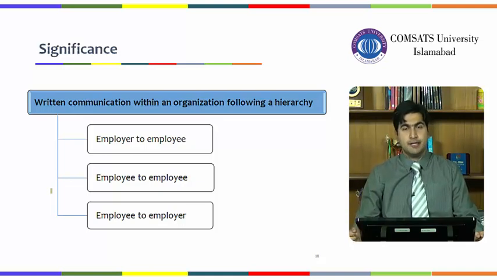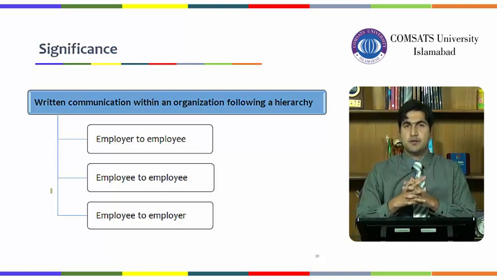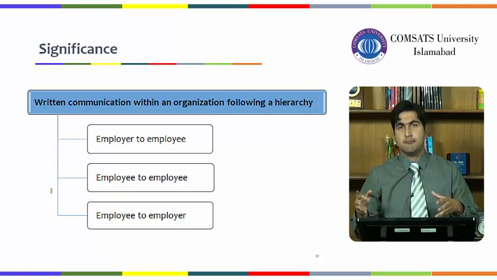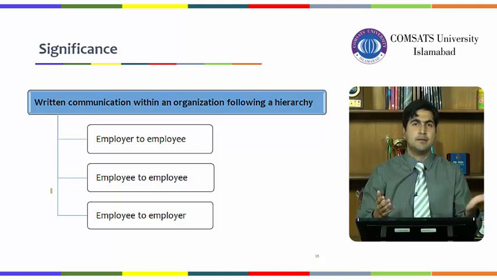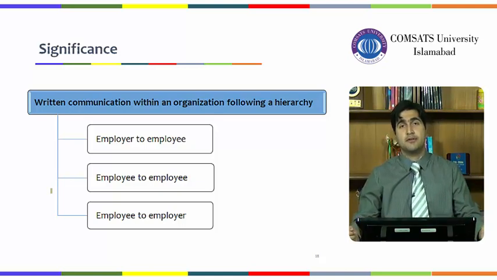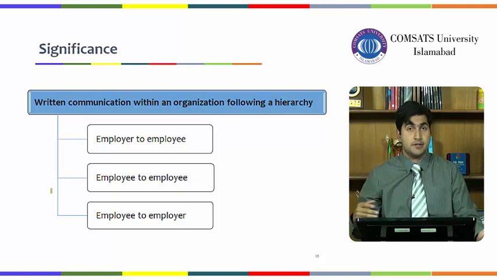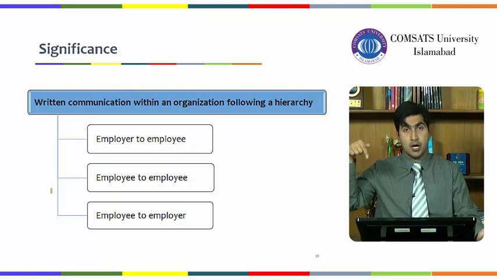As I told you, in most professional environments, you need to put things in writing for communication, and for that basic purpose, a report serves the part. The manner in which this communication takes place is either upward, starting from the lower strata, the employees moving towards the employer, their managers, directors, executives, or downward communication, starting from the top, coming towards the bottom.